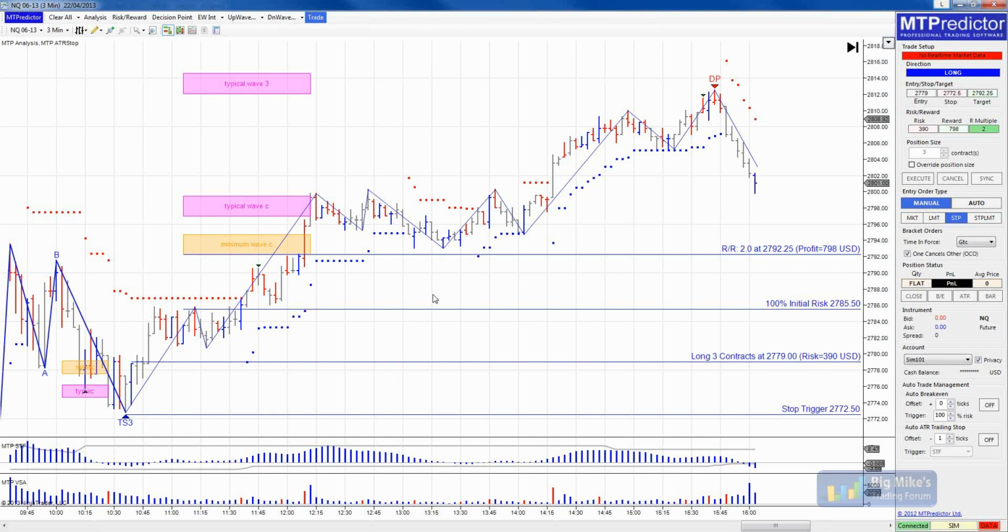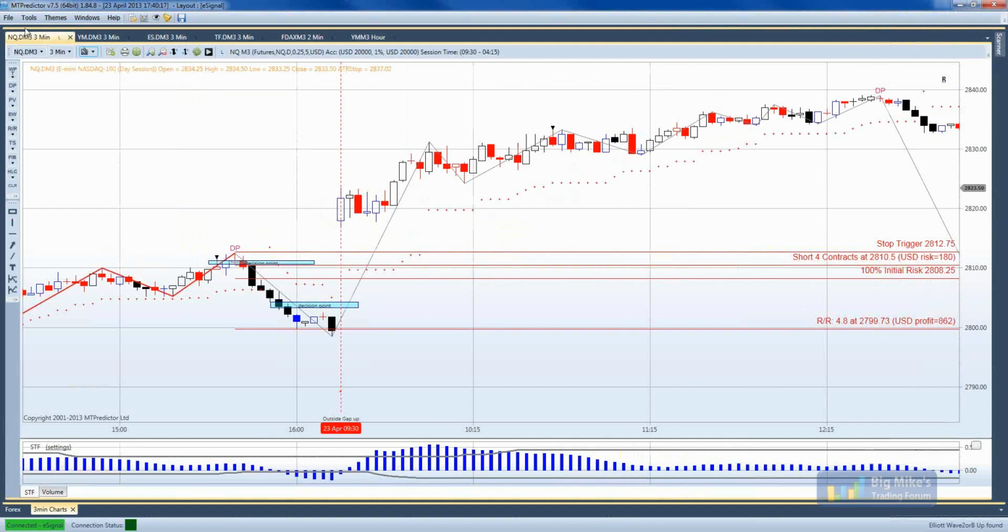Okay. So I see Adam asking if it's compatible with Sierra Chart. The standalone version would work with it. You mentioned all the data feeds. What were they again?